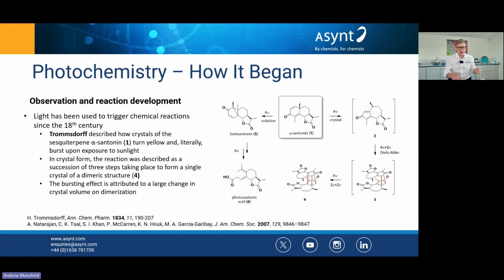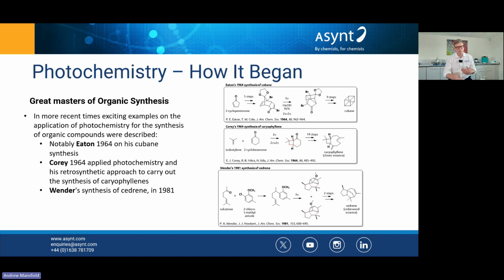He observed that crystals of this santonin molecule burst when he shined a light on them. This was later explained: a multi-step photochemical reaction causes a dimerization of this compound, and that increased volume led to the crystals bursting. So this is probably one of the first examples of photochemistry that was cited.